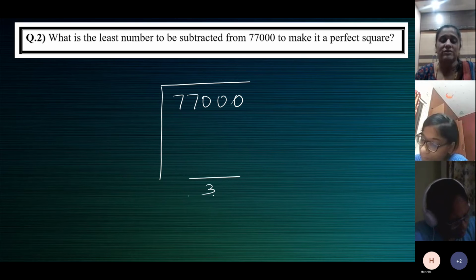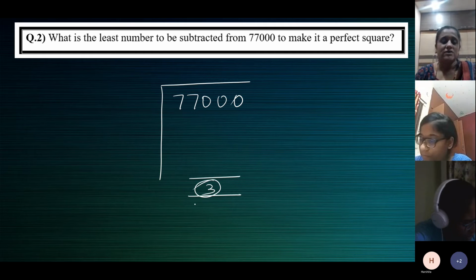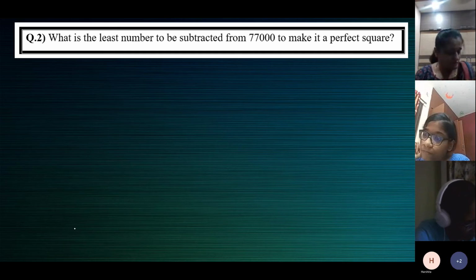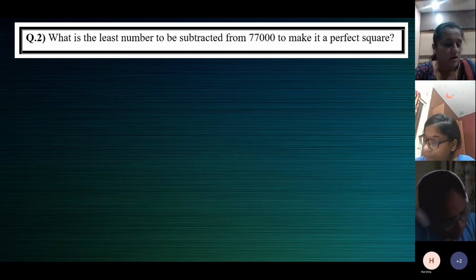Supposing you get 3 as a remainder, then 3 is the smallest number to be subtracted. Whatever is the remainder should be subtracted. Just do the long division, all of you.